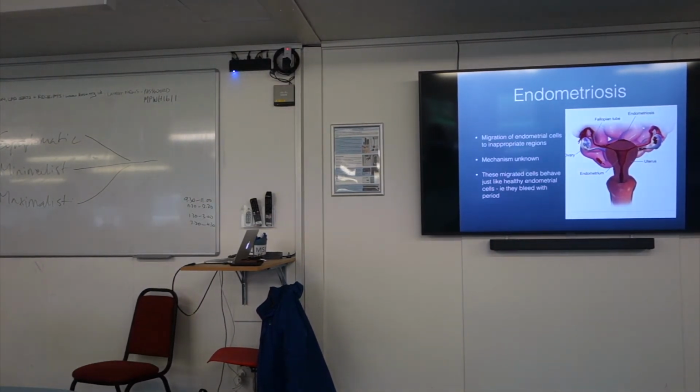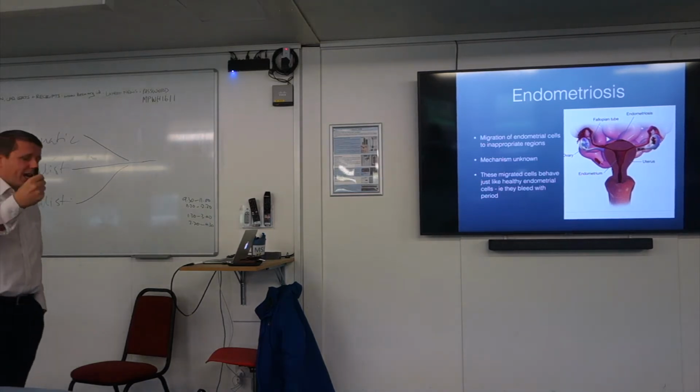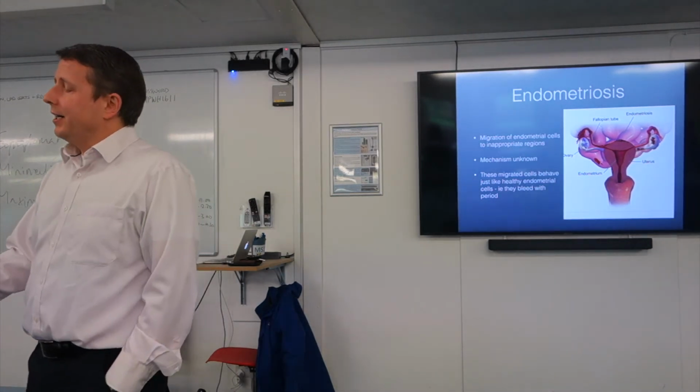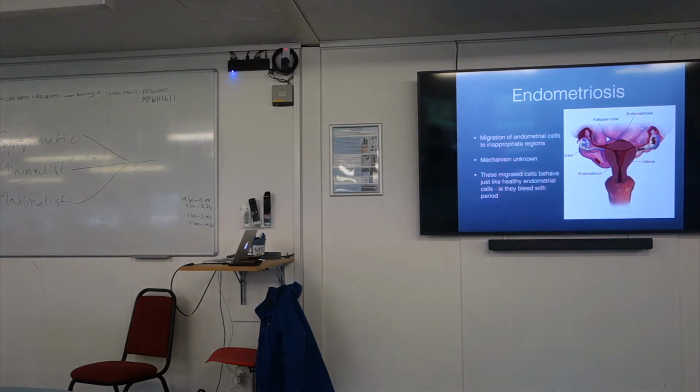So endometriosis, so that we can talk about this. This is just where there's lining, uterine lining cells, which end up in places that are inappropriate, away from the endometrium. They can end up around the ovaries, fallopian tubes. They can end up in the abdomen. They can even end up in the brain. It's not clearly understood how these things happen. I know there was this idea that retrograde bleeding might be causing it.